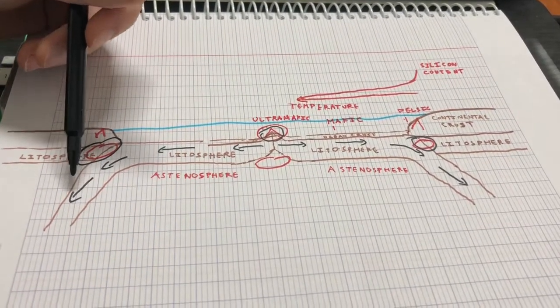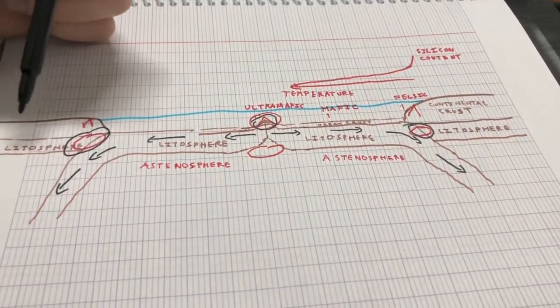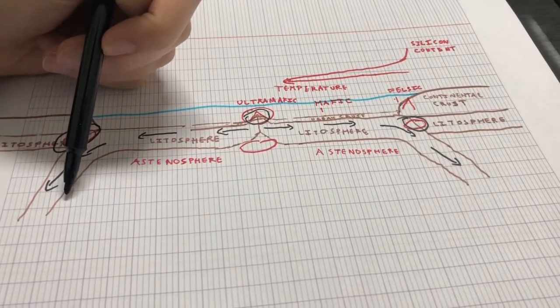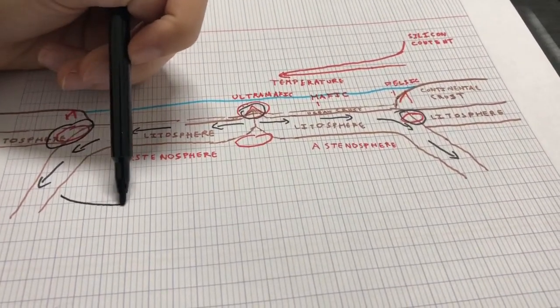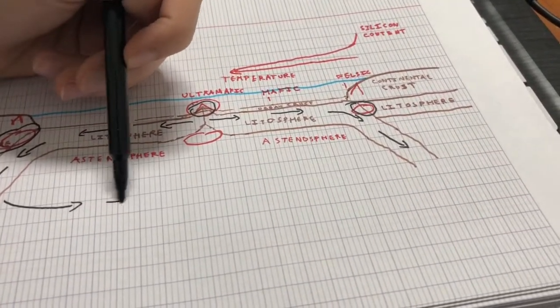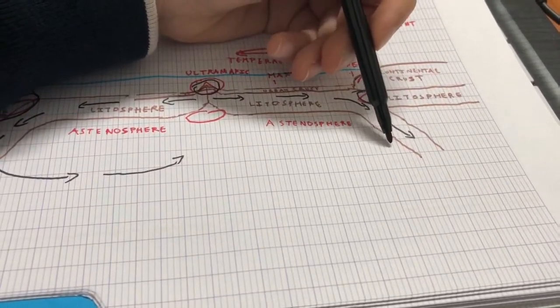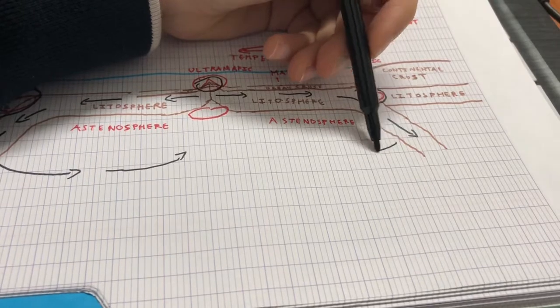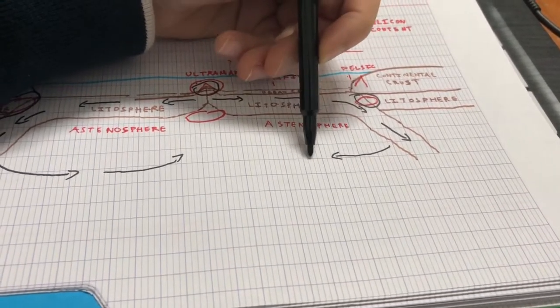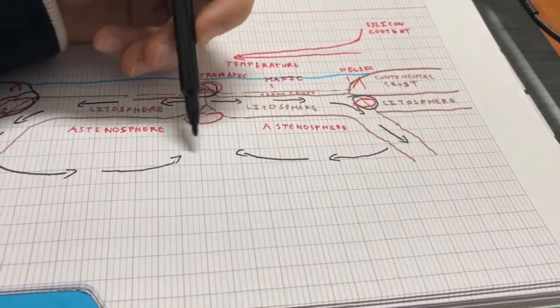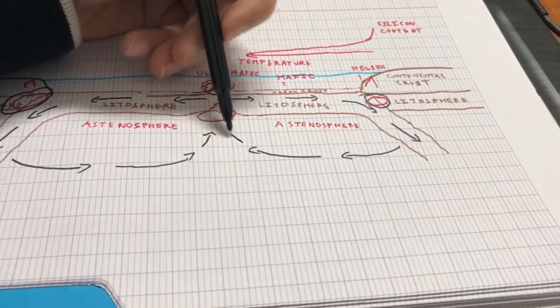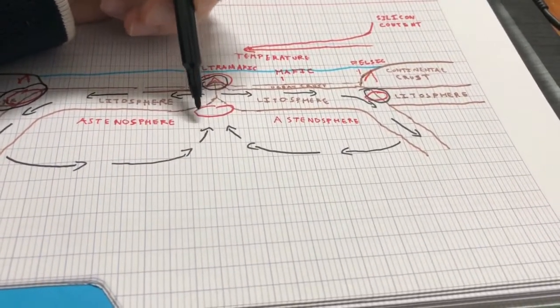After the subduction, the lithosphere will enter the mantle of the Earth, and we'll see an inward movement and formation of magma right here.